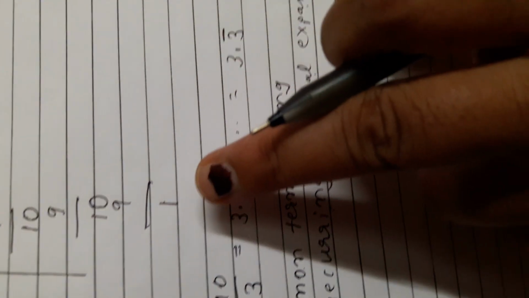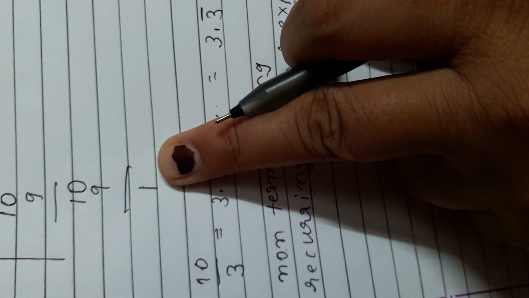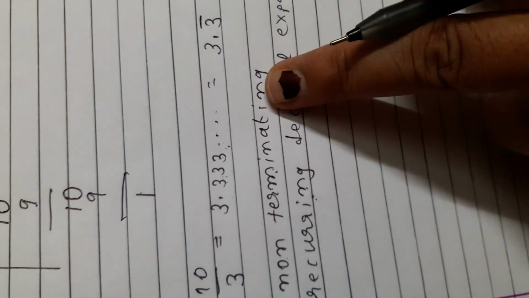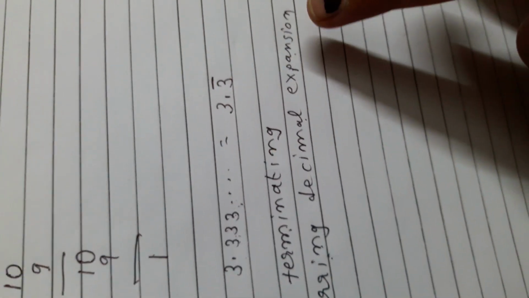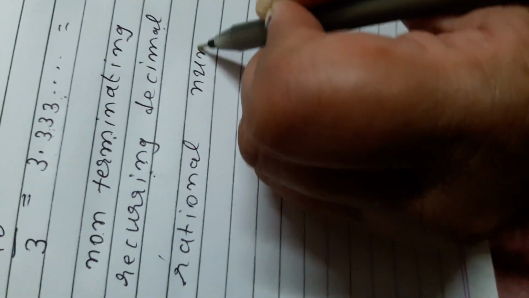When the remainder is not equal to 0, means except 0, then we can say it has a non-terminating recurring decimal expansion.